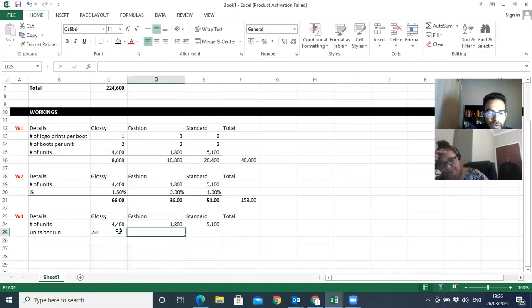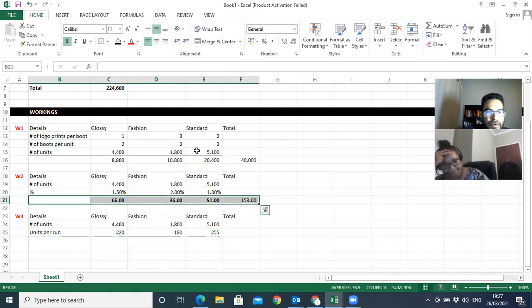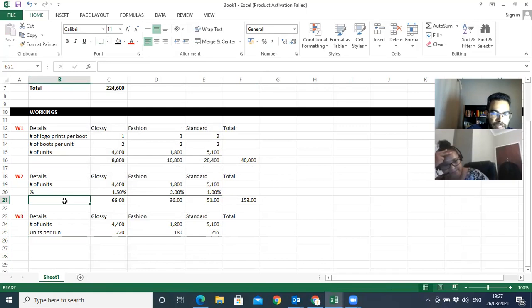Now we're going to divide. That's going to tell you how many runs you need to have. So I'm going to say, to give you this is number of inspections.